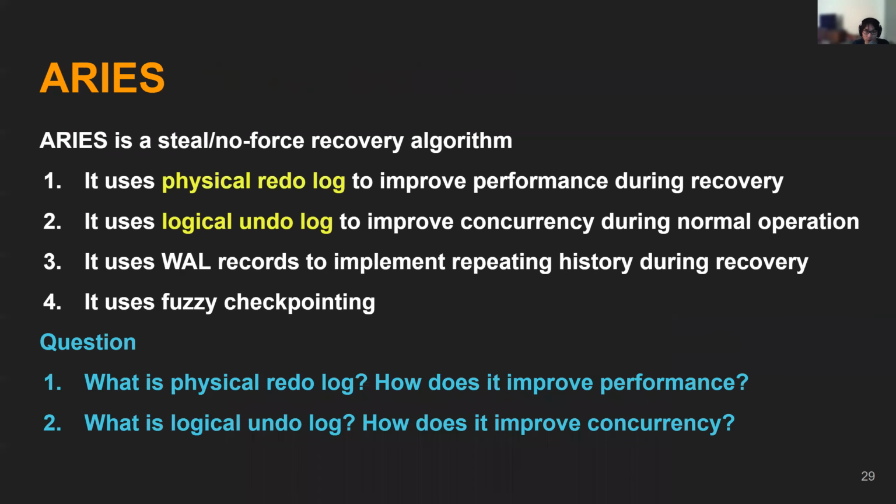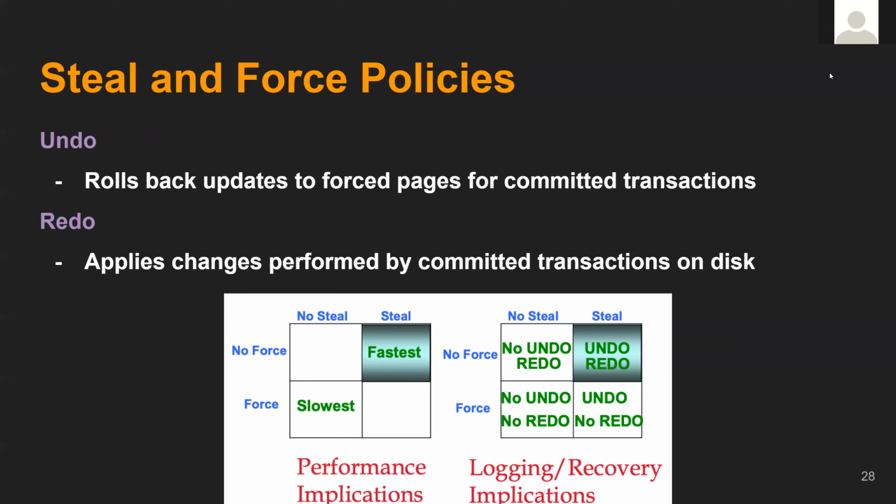Sorry, I have one question. Could you go back? For the definition of undo, I think it's rolling back updates for uncommitted transactions. That's when we need to apply the undo log. So why, if we have committed, do we roll back updates to forced pages for committed transactions? You are right. The purpose of undo is to undo everything that is done by uncommitted transactions.